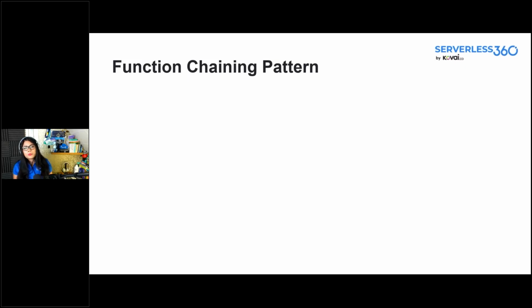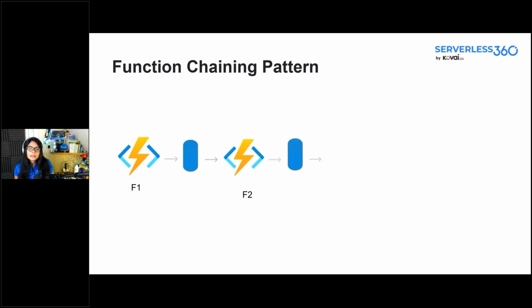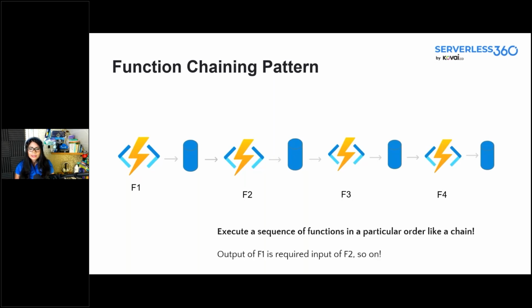So let's start with function chaining. Function chaining is basically as the term itself, like a chain. You have a first function and then a second function, linked together. It's a sequence of functions. In this illustration, we have function 1, 2, 3, and 4, and it executes in sequence.